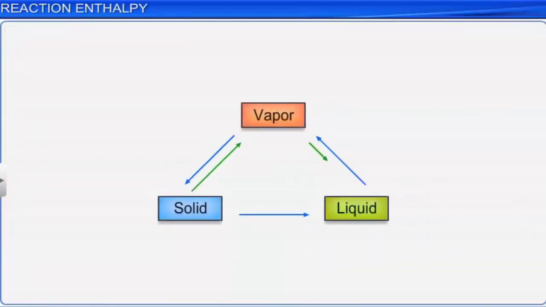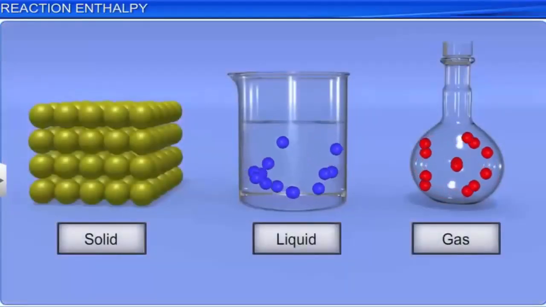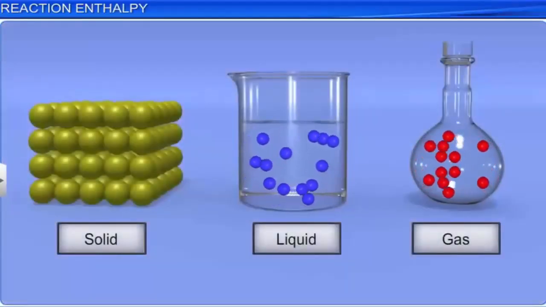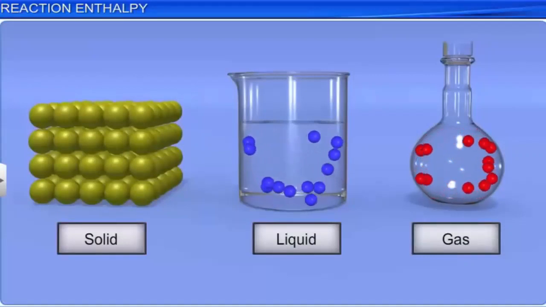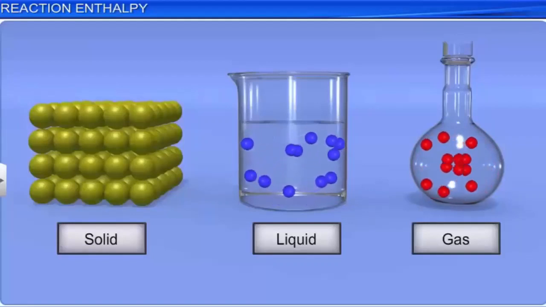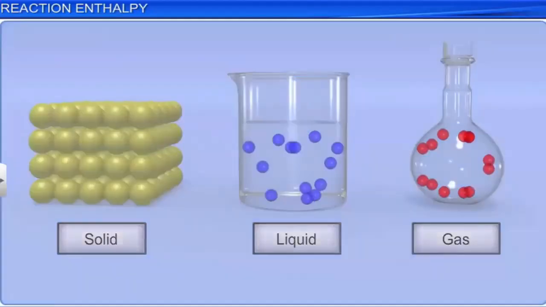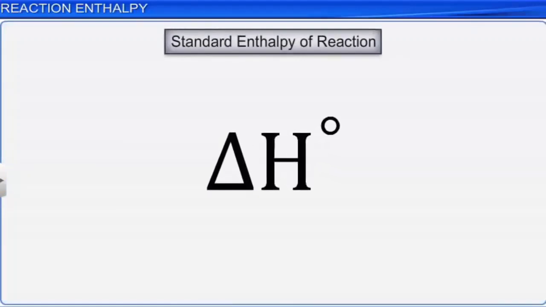We know that the intermolecular forces in the 3 states of matter are different. Therefore, the amount of energy required to convert matter from one state to another also differs. Standard enthalpy is represented as ΔH°, where the superscript naught indicates the standard state.